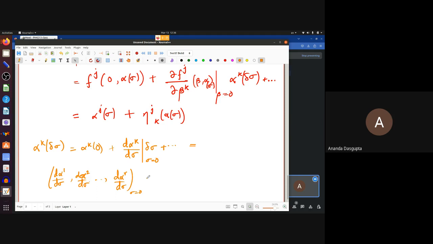So these bunch of r numbers, we are going to call t1, t2, tr, for an obvious reason. They are nothing but tangent components, right? These together make up the tangent to the curve, and these are nothing but the components of the tangent at the origin, right? Clear?